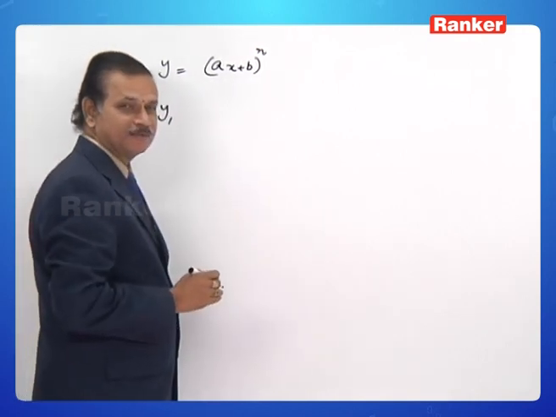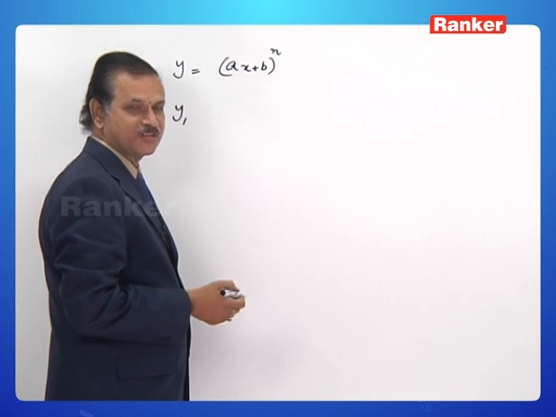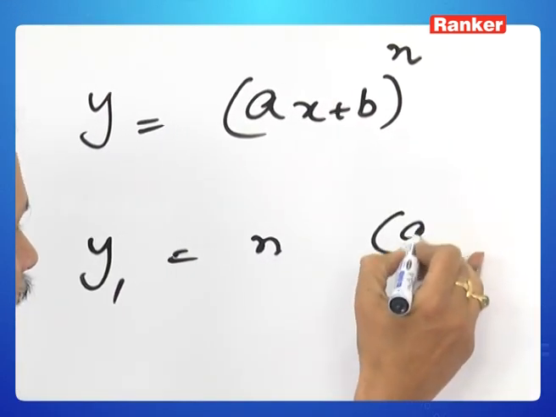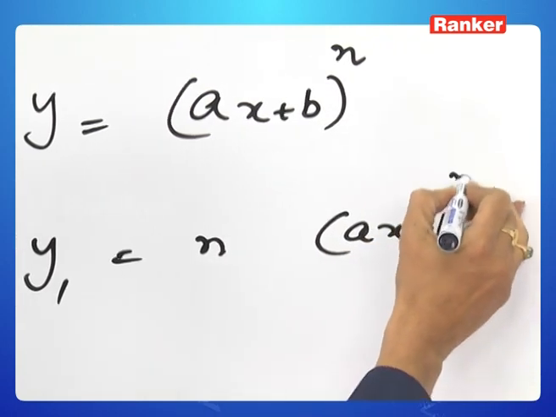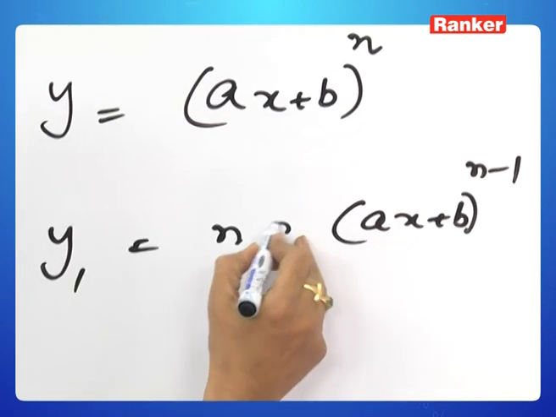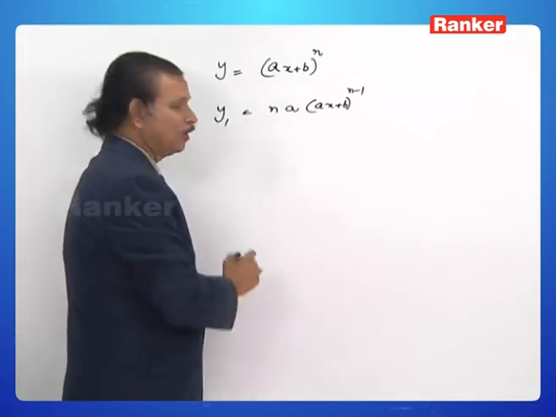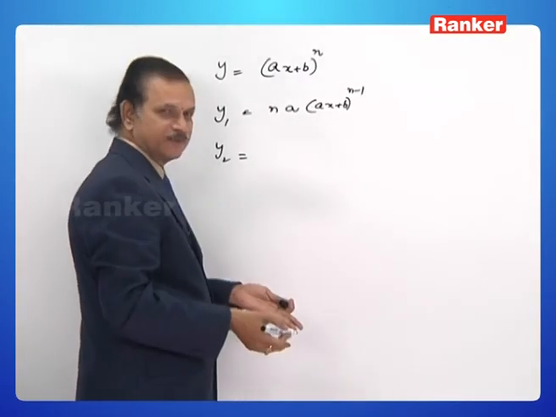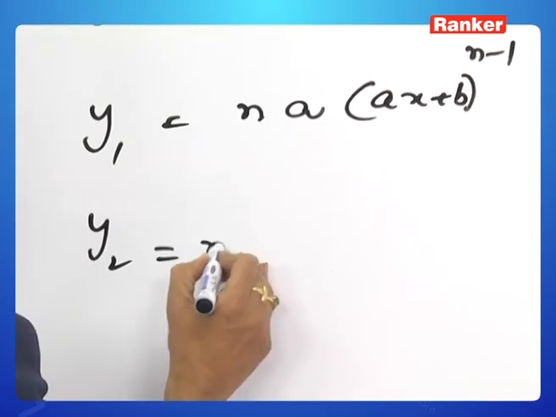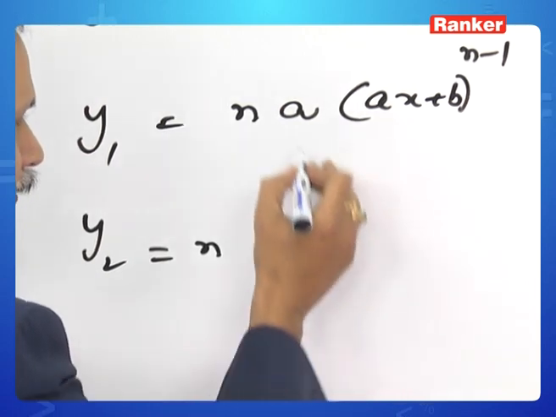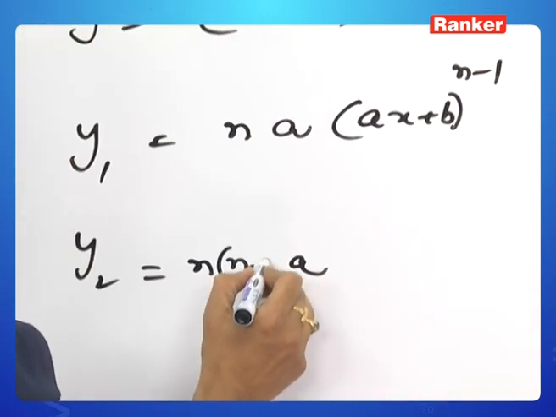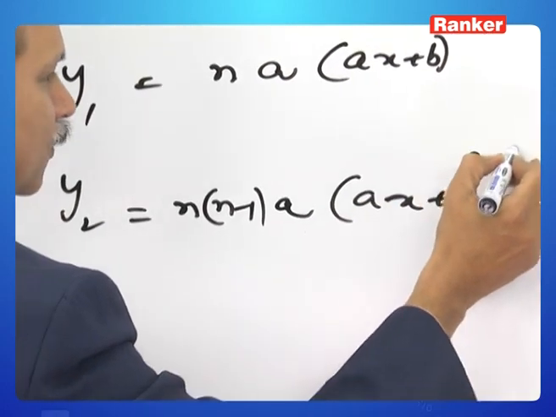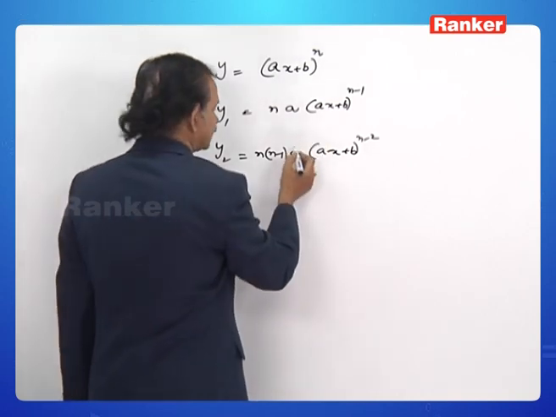It is nothing but the first derivative, that is dy by dx, that is n into (ax plus b) to the power of n minus 1 into, what is the derivative of ax plus b? a. What is the second derivative? Derivative of the first derivative: n into a into (n minus 1) into (ax plus b) to the power of n minus 2 into a.